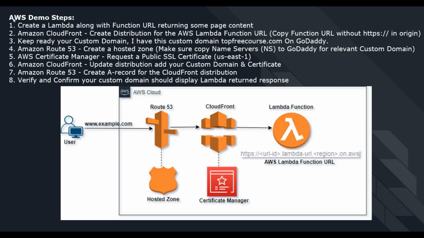Okay, so these are the steps I already mentioned, and I will go step by step. We will create one Lambda with the public function URL, then we will create a CloudFront distribution, and also we will create the public SSL certificate that will attach with CloudFront. I already have one custom domain available, a GoDaddy custom domain, so I will use it to demonstrate a real-time demo.